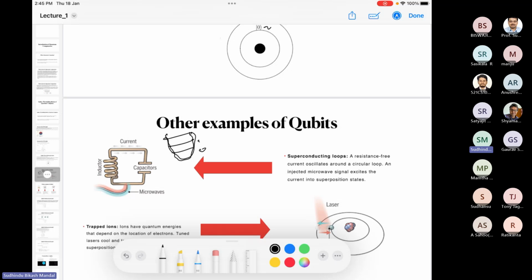Suppose we represent classical bit 0 as some voltage and 1 as the same level of voltage, it will be very difficult to encode or decode. That's why we need a different kind of oscillator, called an anharmonic oscillator. In an anharmonic oscillator, the levels are not equally separated.